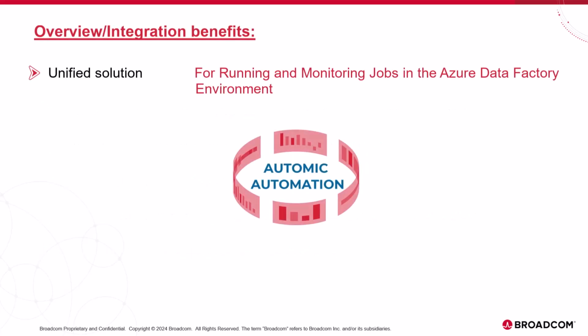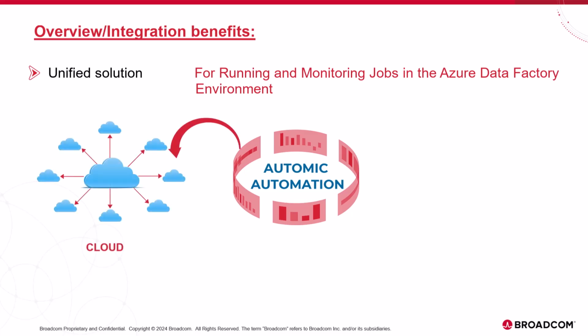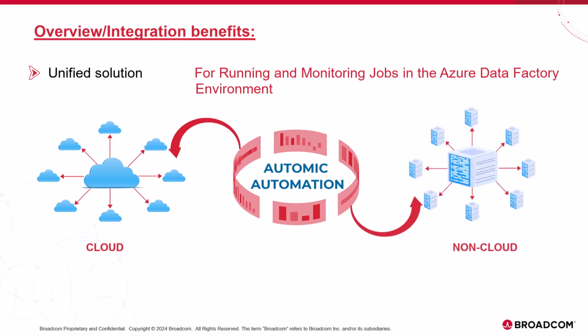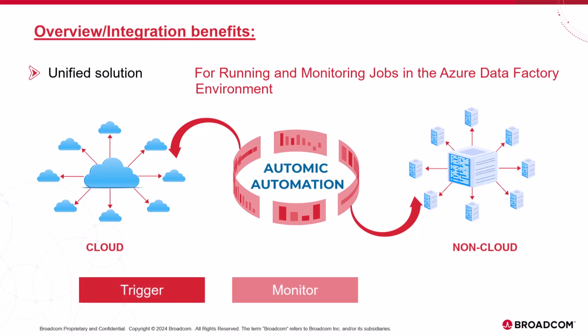Automic Automation plays a central role in orchestrating operations across multiple environments, including the cloud. Automic Automation synchronizes these processes with other, non-cloud operations. By integrating Azure Data Factory, we can configure process automation centrally in Automic Automation and then trigger, monitor, and supervise everything in one place.